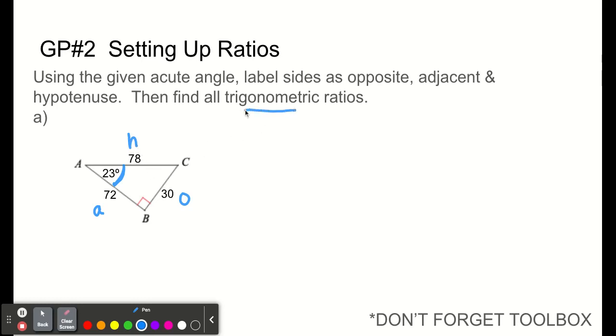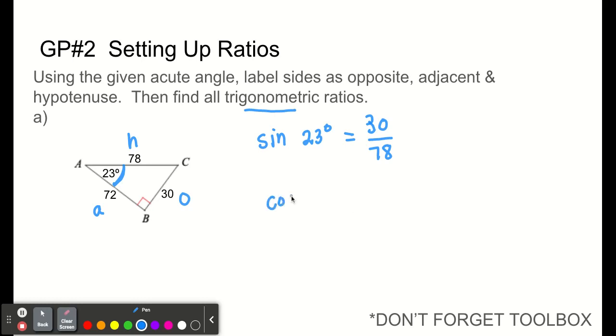Then we need to write all of the ratios for this angle. The sine of 23 degrees, given we have that angle, we're going to use that angle. The sine of 23 degrees is equal to the side opposite, 30, divided by the hypotenuse, which is 78.